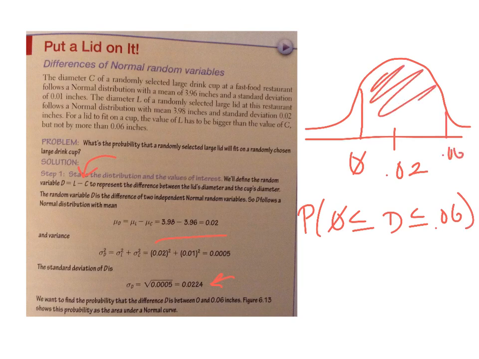I want to know this area here. I need to define this curve, so it has a mean of 0.02 and a standard deviation of 0.0224. Okay, and so I've set up my parameters of interest, I've set up my values of interest, and I've talked about what my distribution was.